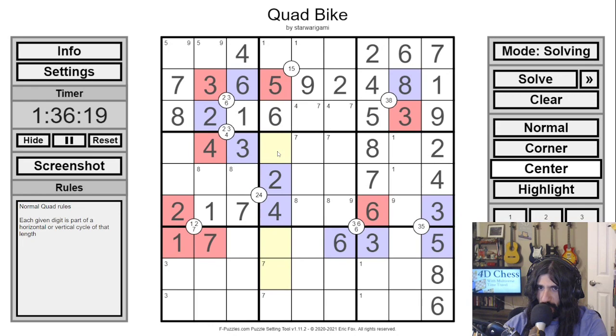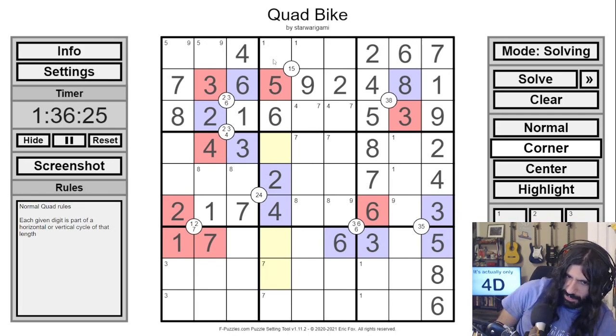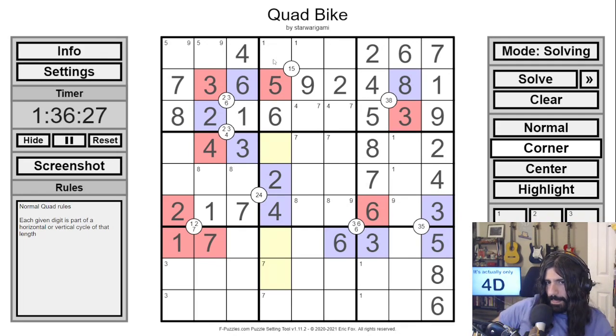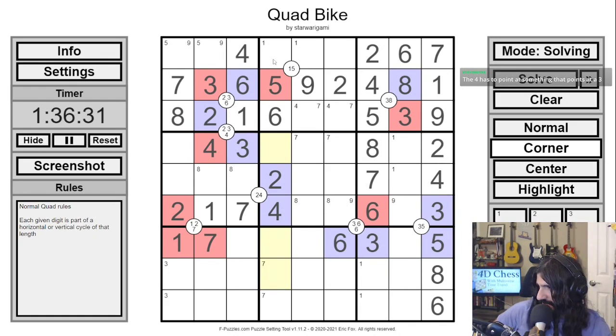This can't be a 4. And we don't have any current self-references. So there can be a 1 cycle and a 2 cycle, but there can't be 2 1 cycles. The 4 has to point to something that points to a 3. I agree with that. So like this and this are part of the cycle.